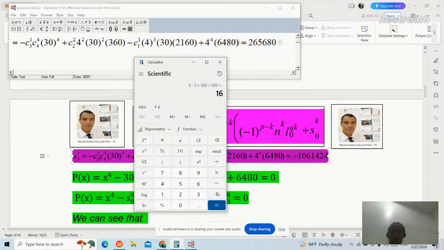Plus 16 times 30 squared, which is 900, times 360, minus 64, 4 cubed, times 30 times 2,160, plus 256, which is 4 raised to the power 4, times 6,480. So this one is equal to, yes, excellent.